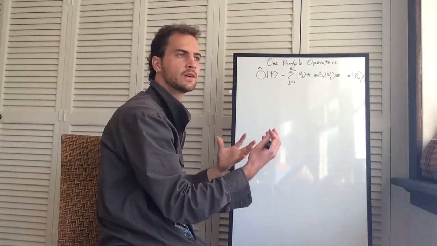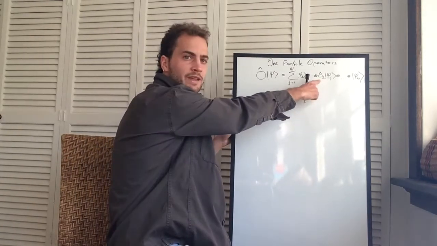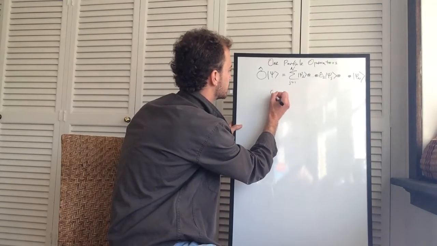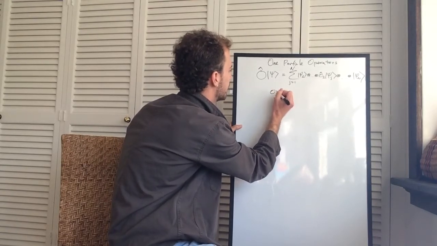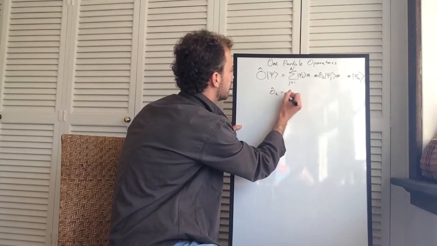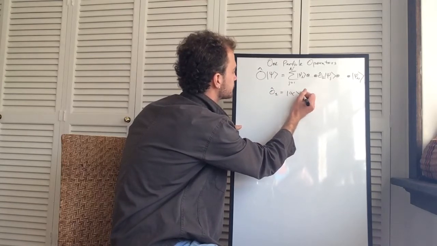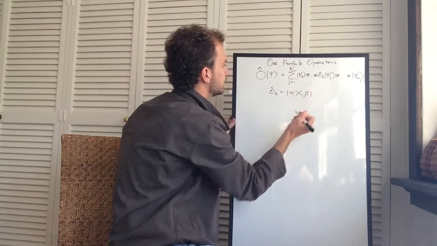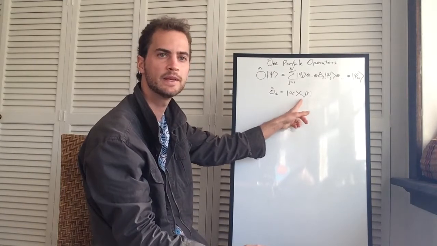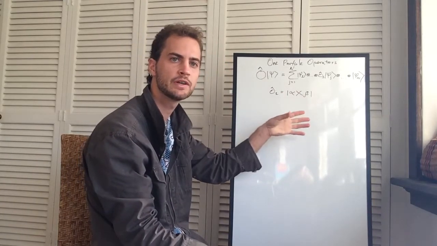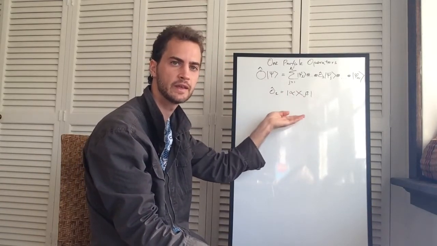Now, the way that we're going to tackle this is we're going to think about a clever choice of one of these one particle operators. Let's write it down here. It's just going to be this, where these alpha and beta are just arbitrary single particle states.